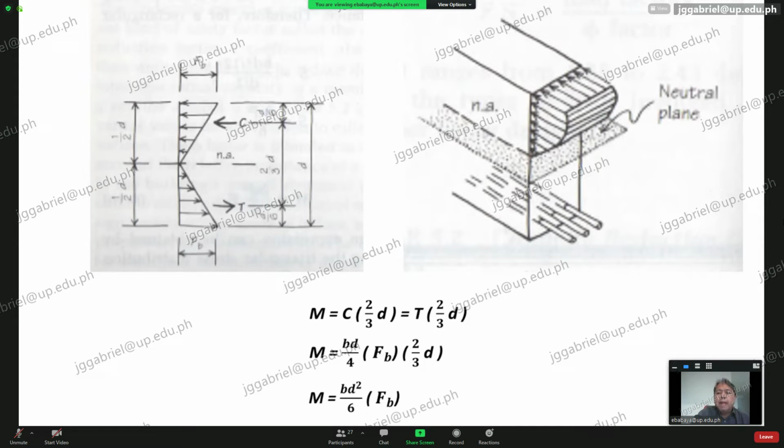Okay, now considering you will be using a singly reinforced beam, the stresses would actually be like this. Ito yung sa concrete, ito yung model natin. Ito na yung stress due to the concrete.